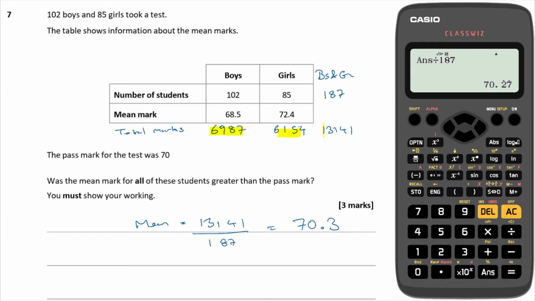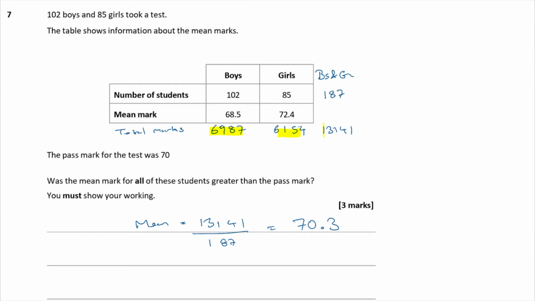Okay, so was the mean mark for all of these students greater than the pass mark? Yes. Overall, the mean exceeds 70 marks.